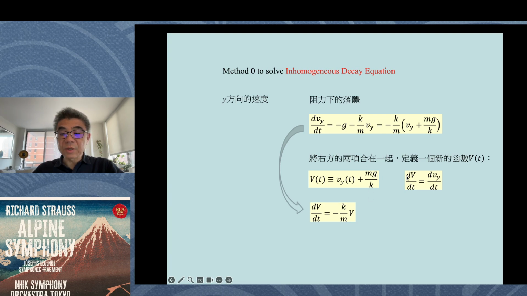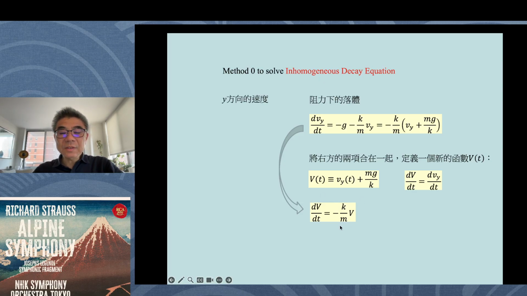So their derivatives are identical. Therefore, by this substitution, we can rewrite the original equation into a form which is just the decay equation. This is very intuitive.